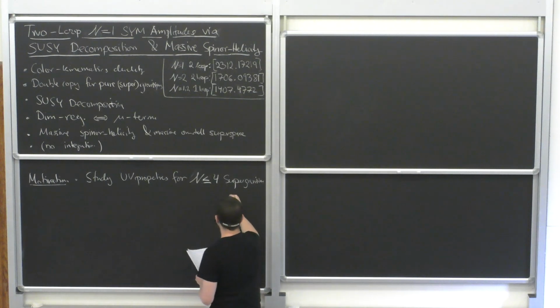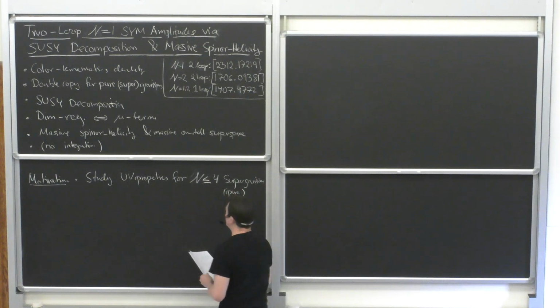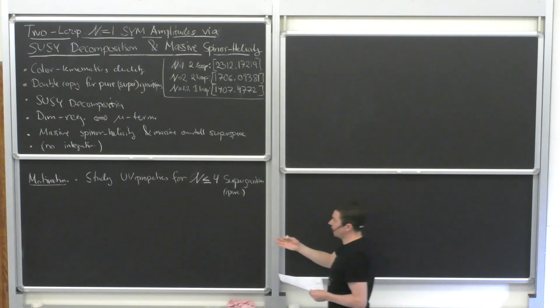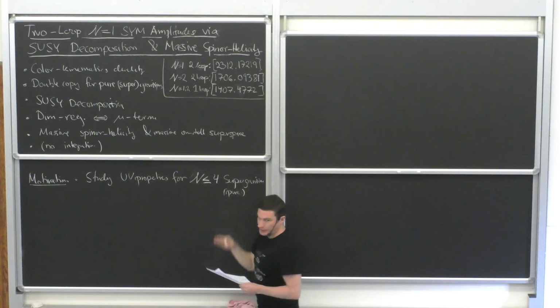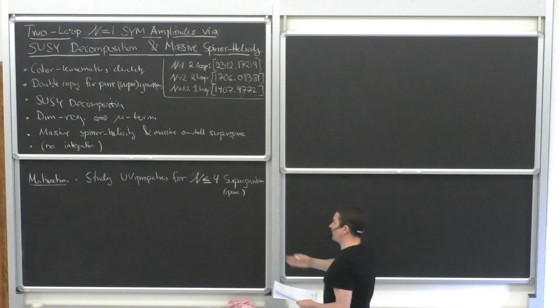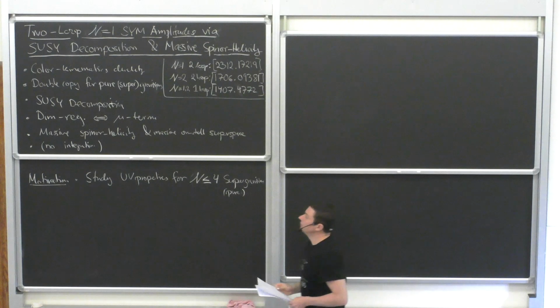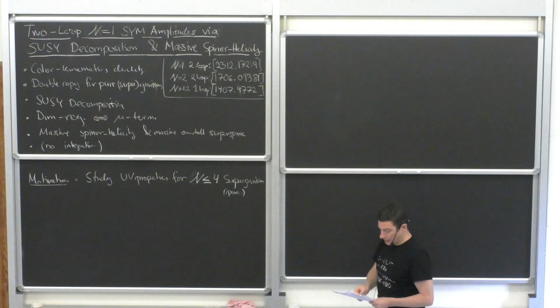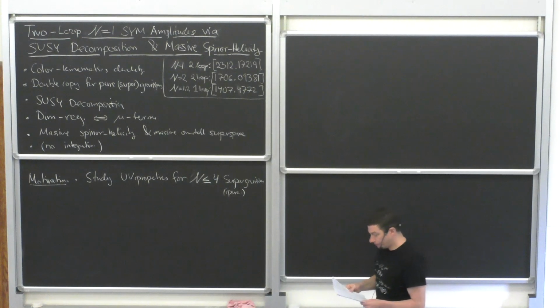Specifically, we want to study pure supergravities because they're more constrained in the sense that we only have to look at amplitudes involving external gravitons or graviton multiplets, and then we know the UV properties of the amplitude at the given loop order that we're studying.